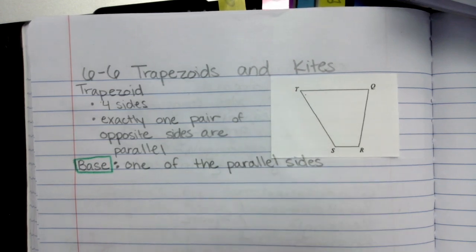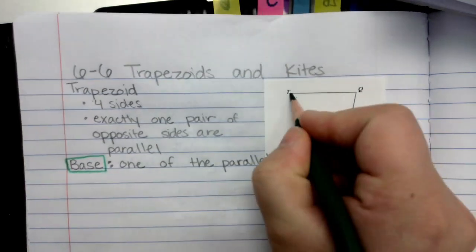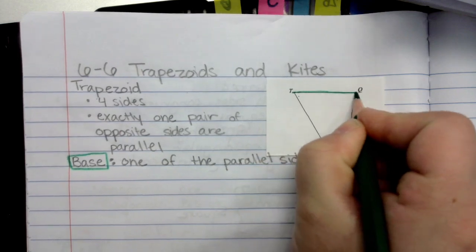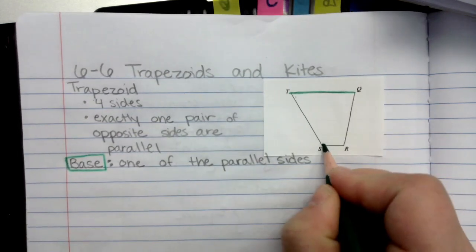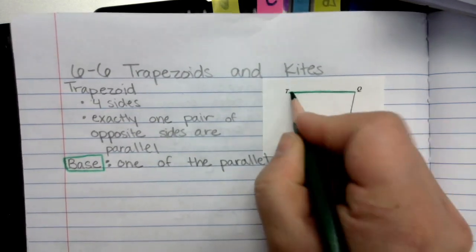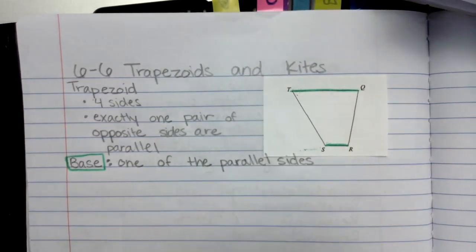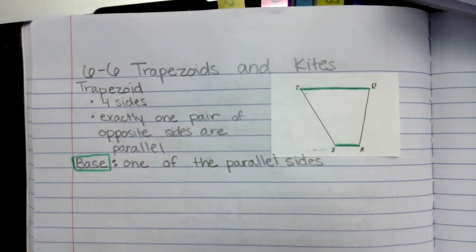How do I show that two lines are parallel? Xavier always knows the answer. They're not congruent, so we don't want the little tick mark. We want parallel arrows, yeah. Little arrows in there. So we're going to name those bases here.